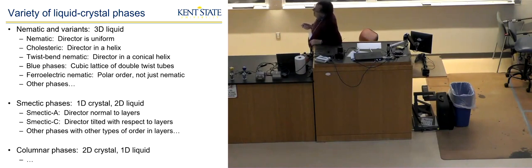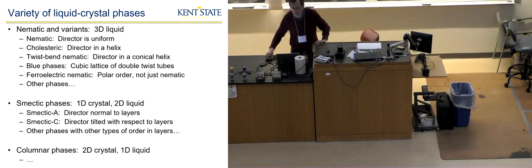So that's a family of phases that are characterized by orientational order, but their positions are still random. So these are all still fluid phases where the positions of the molecules are random, so the whole structure can flow. There is another family of phases called smectic phases, where the molecules tend to lie in layers.